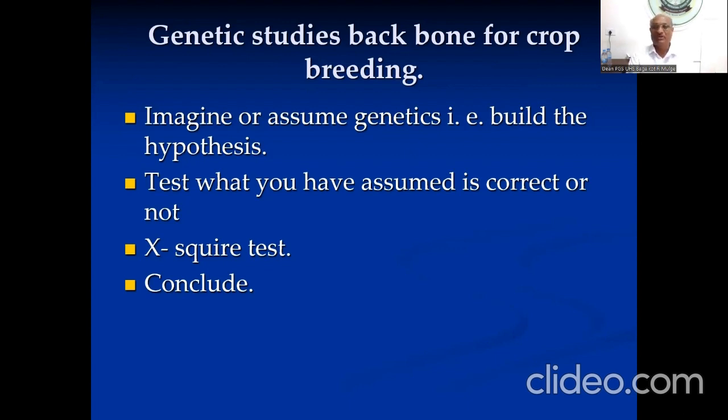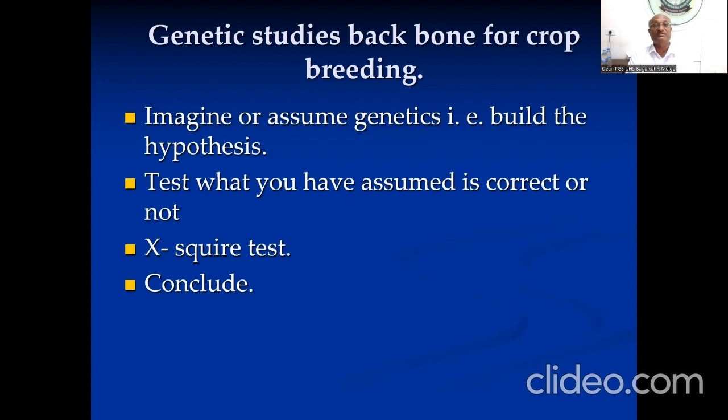You have to assume whether it is controlled by one gene or two genes, maximum three genes. Beyond that, we need not. But even within two genes, so many combinations are there. Epistasis is there, interaction between the non-allelic genes. So you have to assume and build your hypothesis.